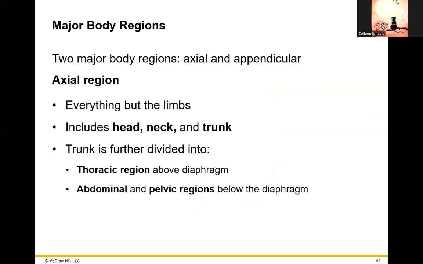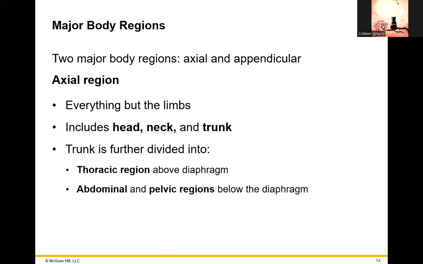Now let's look at major body regions. The two major body regions are axial and appendicular. The axial region includes everything but the limbs, because the limbs are included in the appendicular portion. So when I think of the appendicular skeleton, I'm thinking about the bones that make up the arms and the legs. The axial region includes the head, the neck, and the trunk.